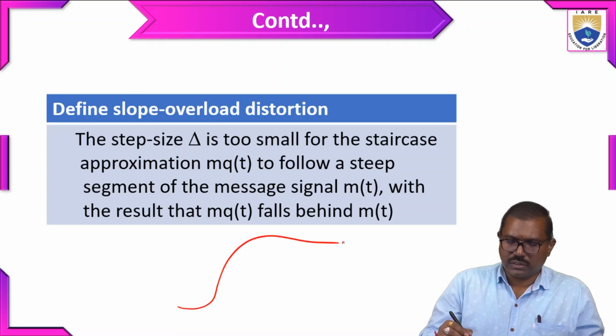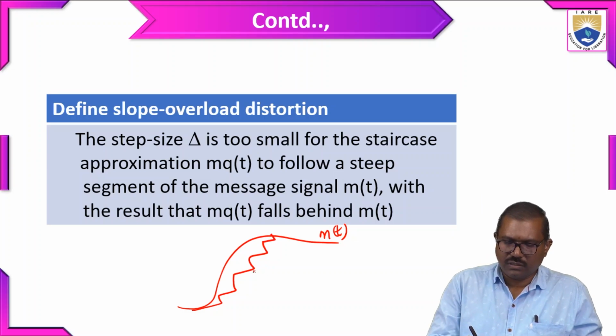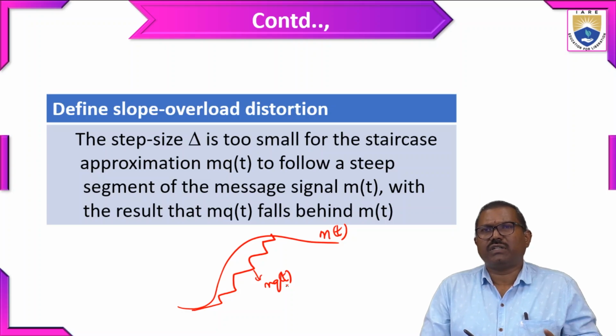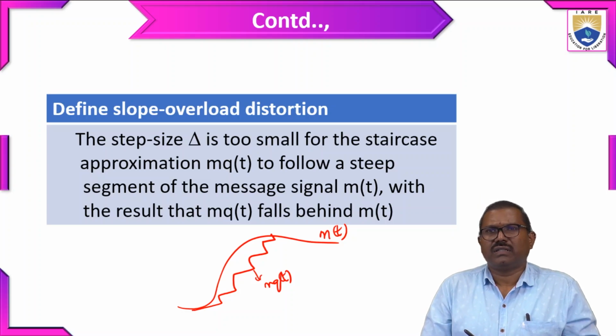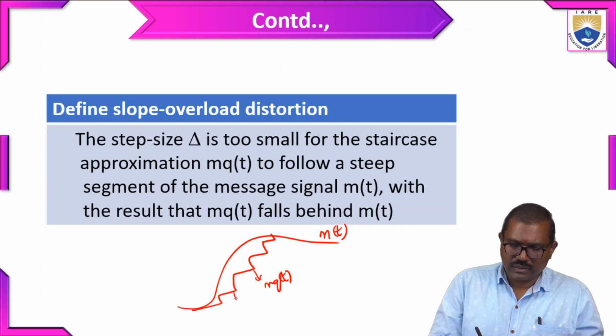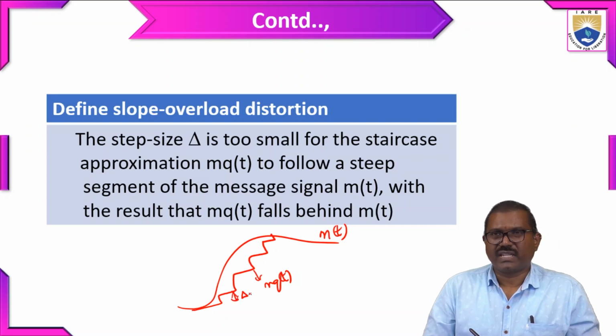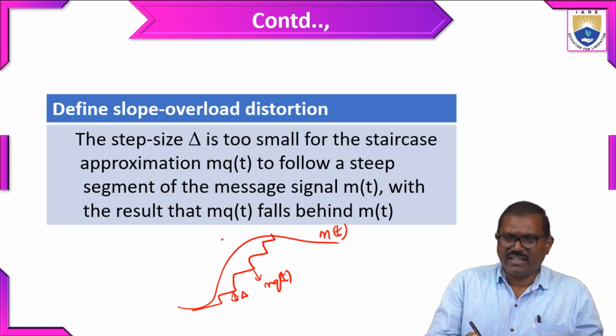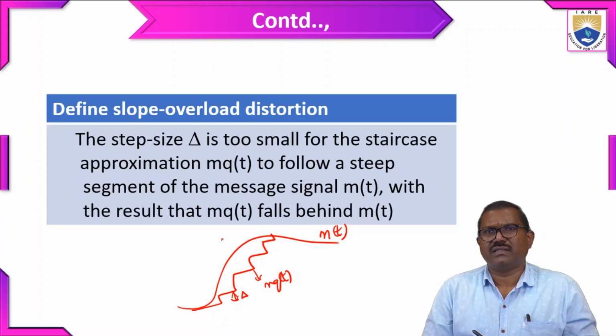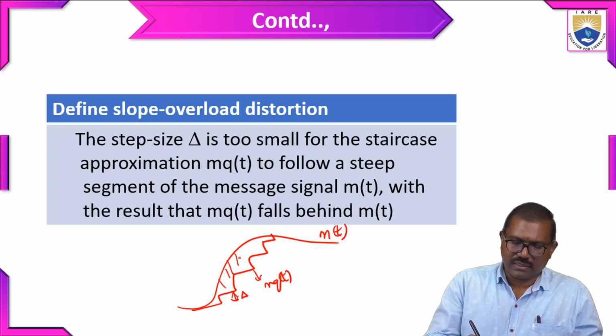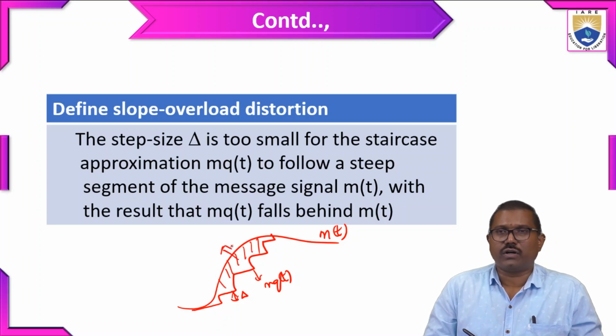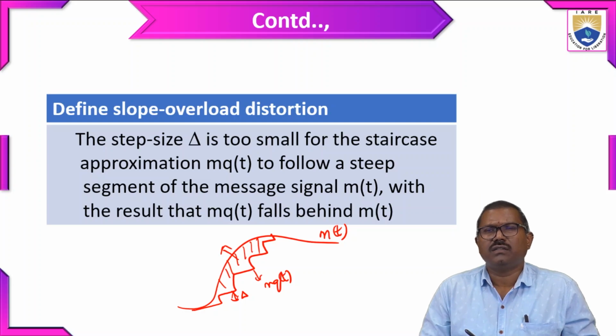For example, this is m(t), and here I am drawing the staircase, this is my m_q(t). So m_q(t) must follow this m(t). If delta, the step size, is too small, then it fails to catch the message signal. This condition is called slope overload.